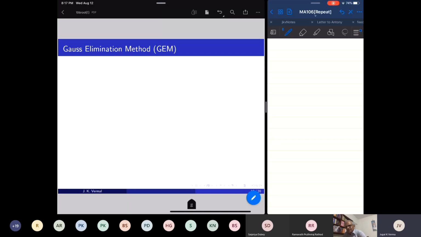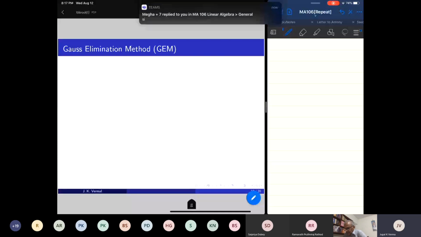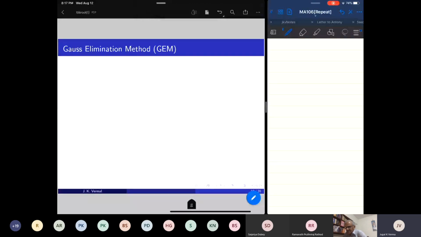Okay. So Sirius star was discovered by people when it was rising in the sky, and then it disappeared for a long time. Gauss wanted to predict exactly when Sirius is going to reappear in the sky, and he devised his method, Gauss elimination method, to predict the coming of the Sirius.